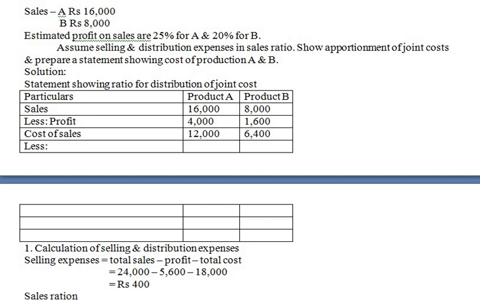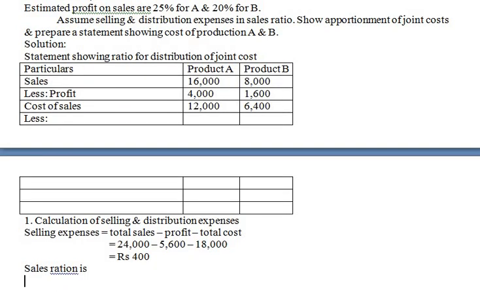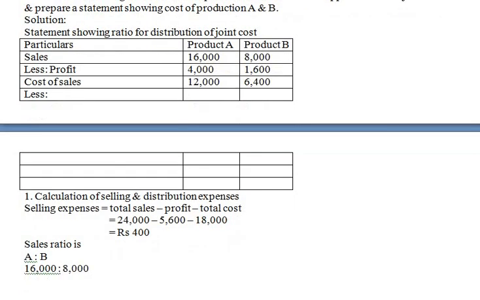Sales ratio is A is to B, so here it is 16,000 is to 8,000, so that is 2 is to 1.